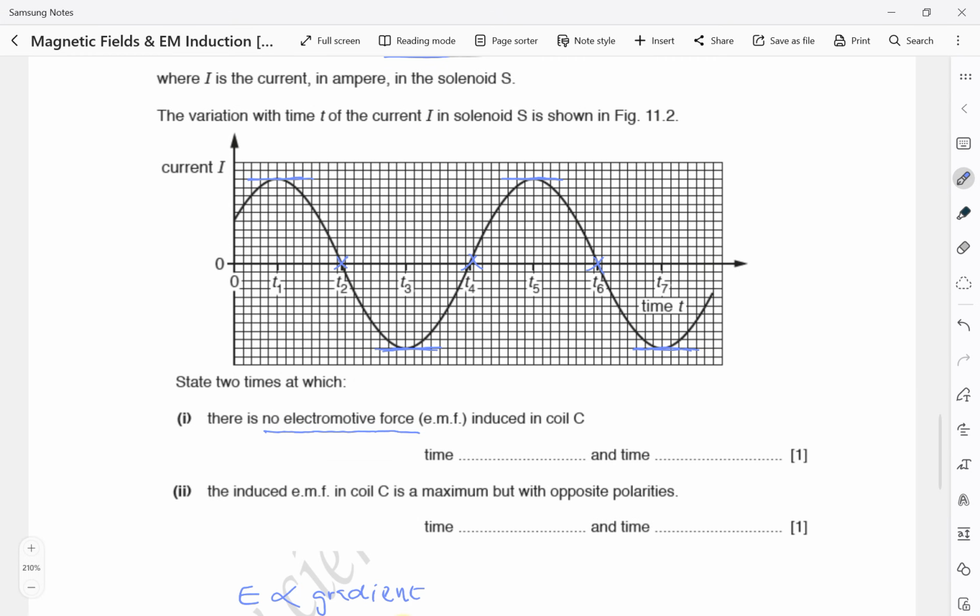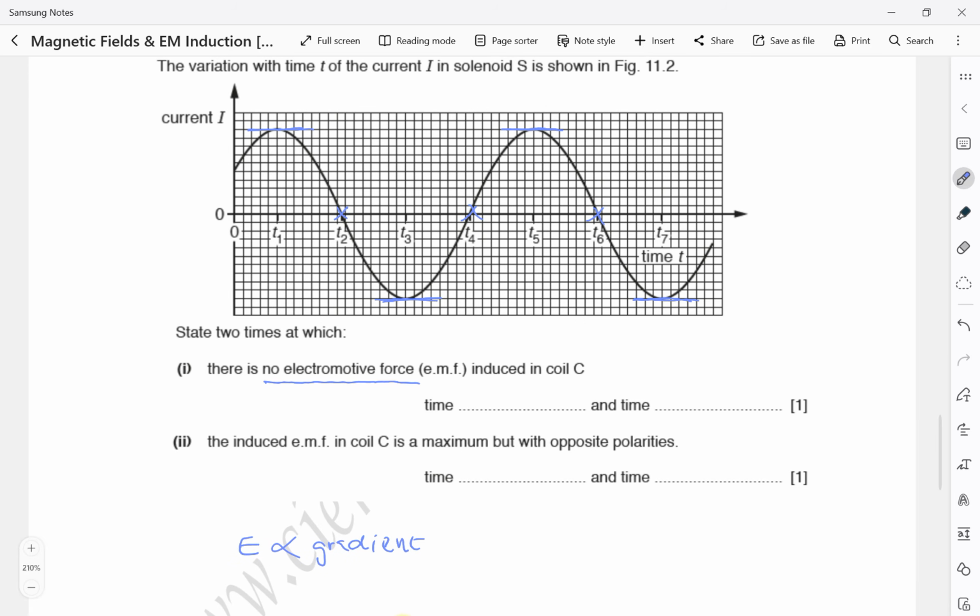And wherever the gradient is 0, the rate of change of magnetic flux linkage is 0, which means the induced EMF is going to be 0. So time for which the EMF is 0, we have T1, we have T3, we have T5, and we have T7. You just choose only two values of time.